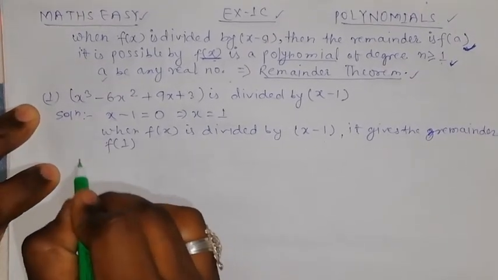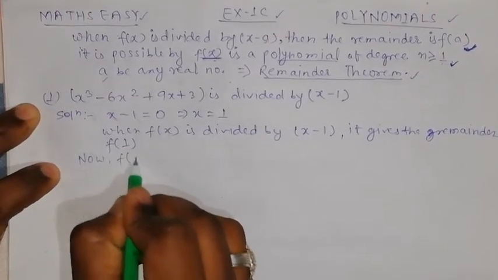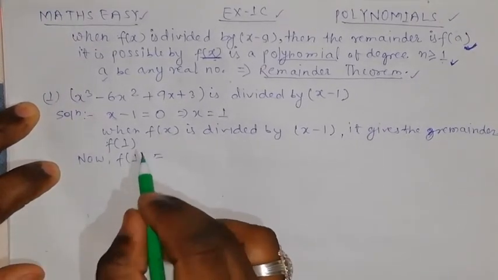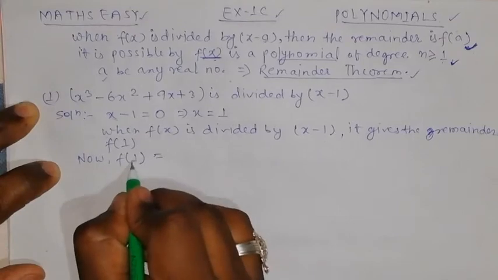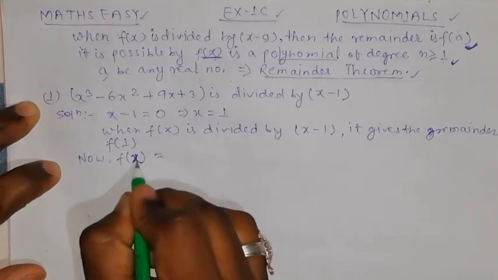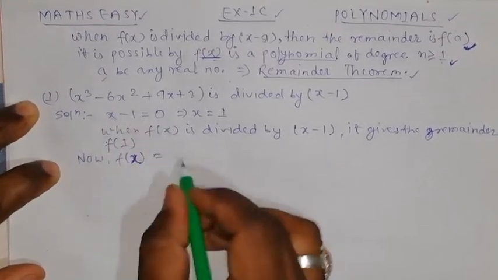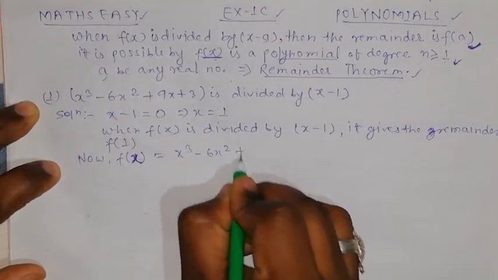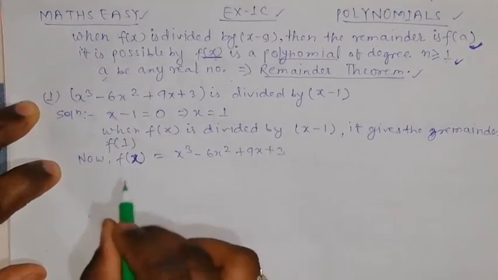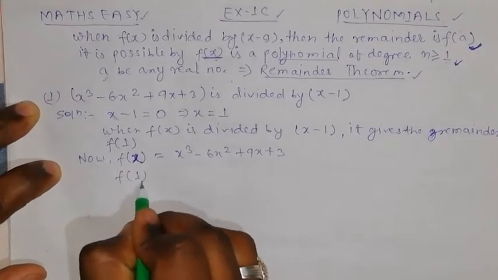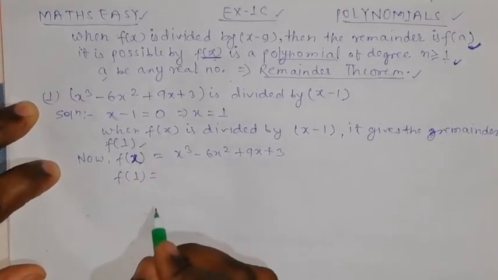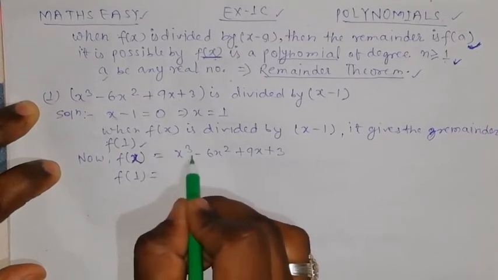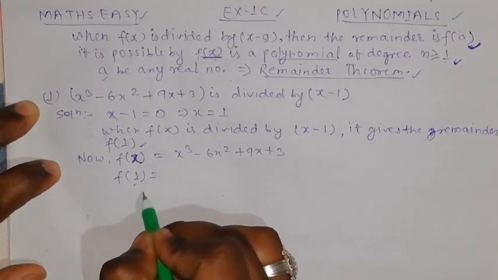Now f(1) equals, first of all we write f(x). What is f(x)? x cube minus 6x square plus 9x plus 3, and f(1) equals, in the place of x we have to write 1.